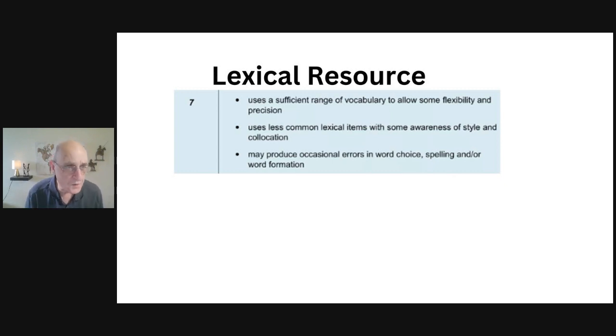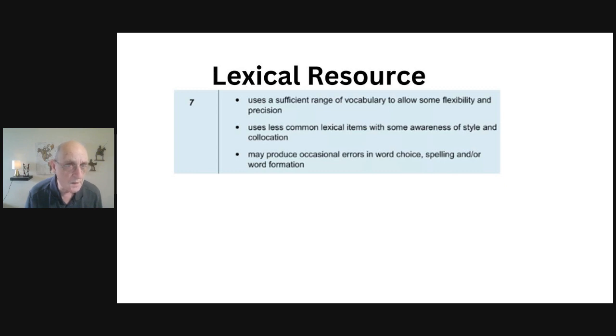And the way that you do this is to use less common lexical items, and you keep the right style and collocation. And collocation is just how words go together and phrases that you use. Now, this is where you need to be very careful.